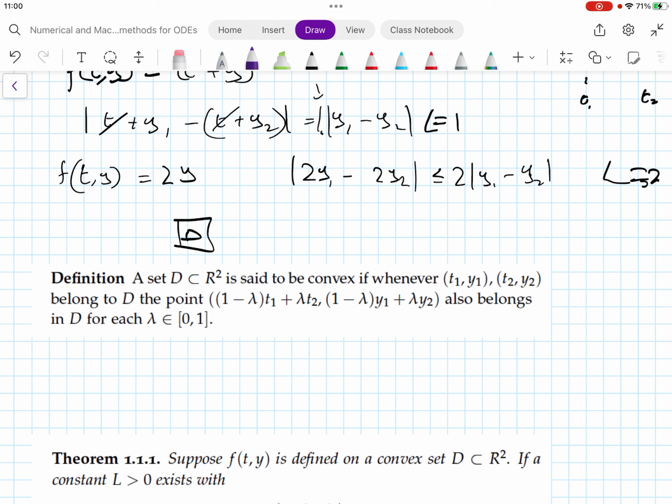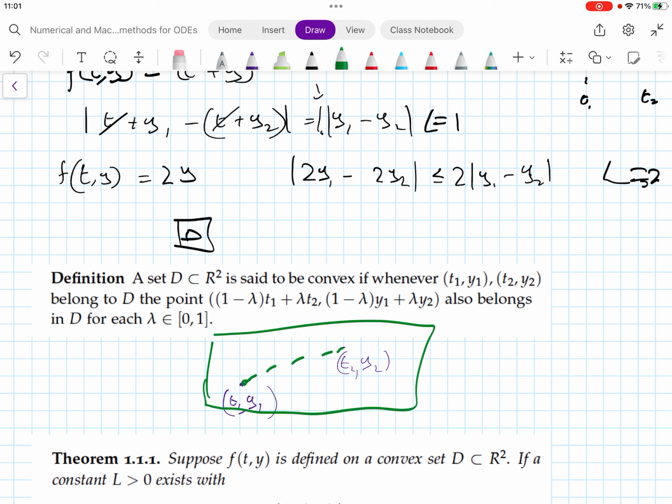This seems like an obvious statement, but all the definition is saying is that we can draw a line between the two, and the line is in our domain.